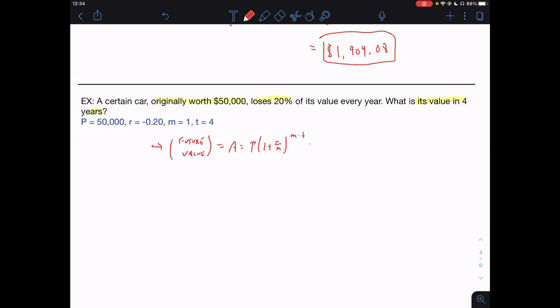All right, so in our case, that's going to be our initial principal, the initial worth, which was 50,000. So 50,000 times 1 plus our interest rate of negative 0.20, divided by M, where M is 1, raised to the M times T, raised to the 1 times 4. Okay, so again, let's set this up in our calculators here.